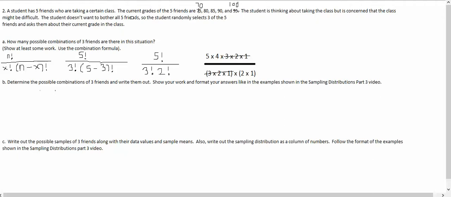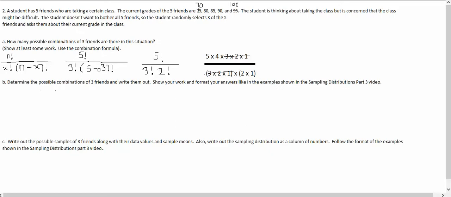But it turns out that in the combination notation, x is actually the sample size, and the little n is the population size. I know it's inconsistent, but it's just the notation that's used in different topics. So we have 3 from 5, so x is 3, n is 5.